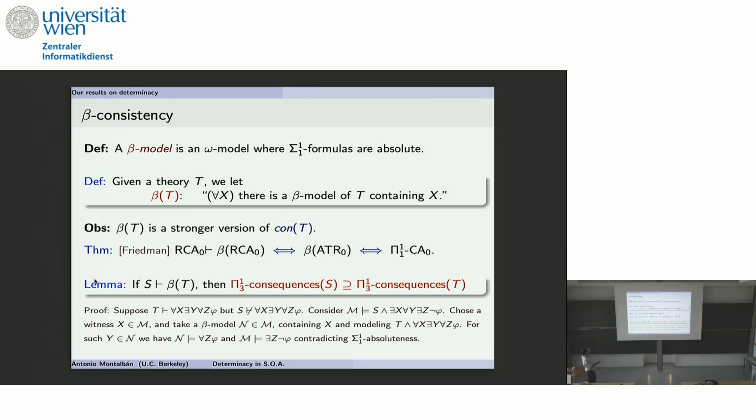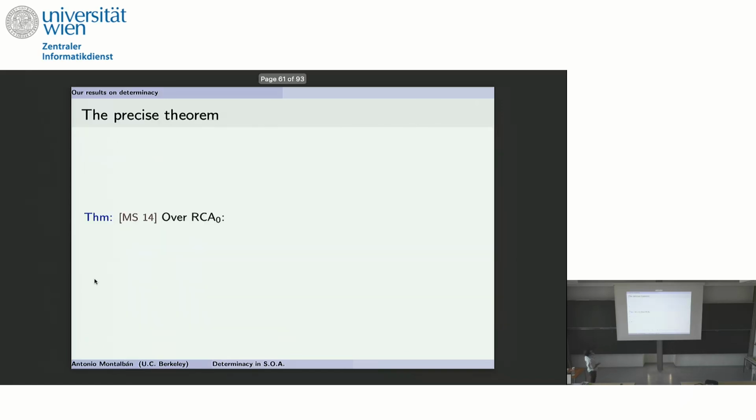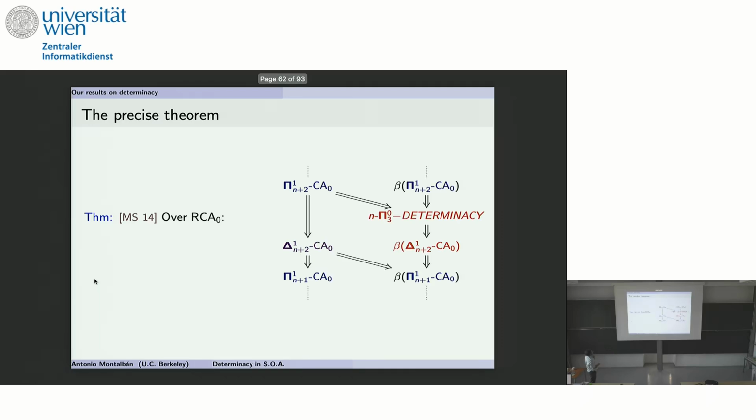Another observation, I'll skip the proof because I don't have time: if a theory S proves β(T), then the Π^1_3 consequences of S contain the Π^1_3 consequences of T. This is a usual argument: going from a model, you go up and down a couple of times. We'll use that.